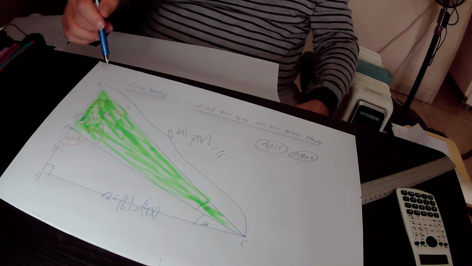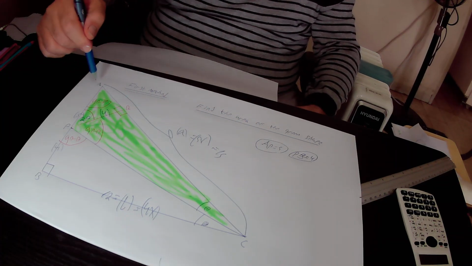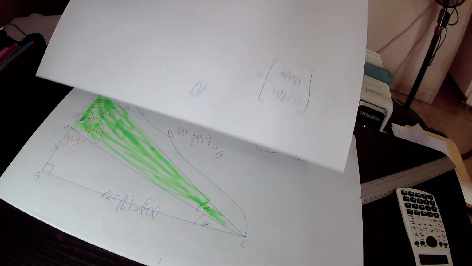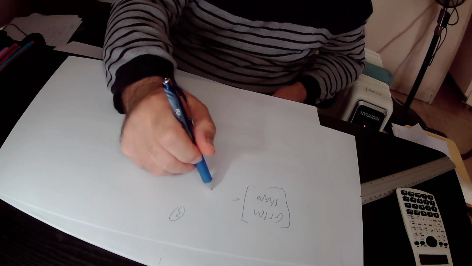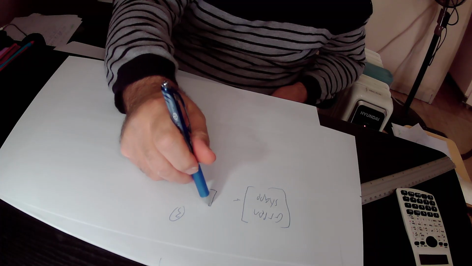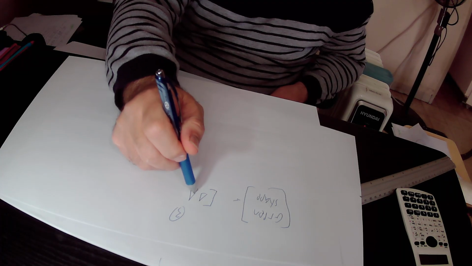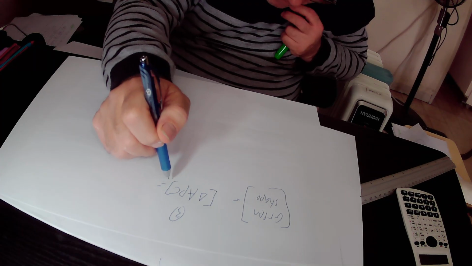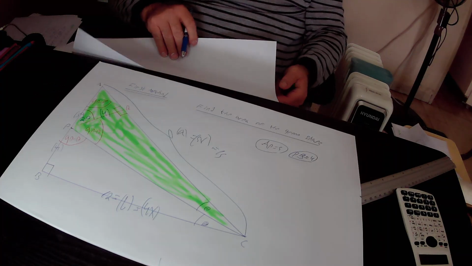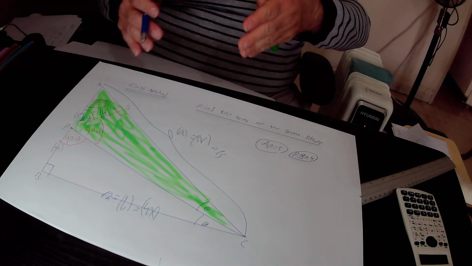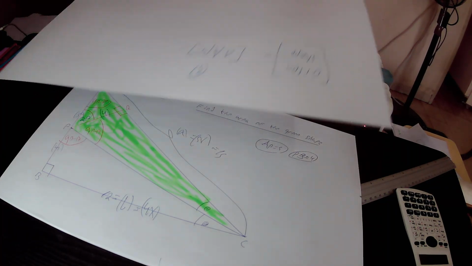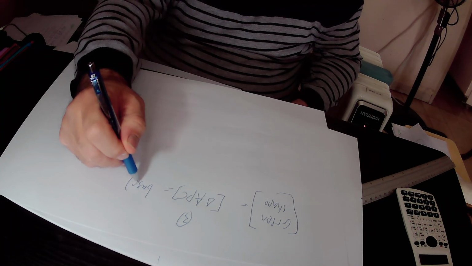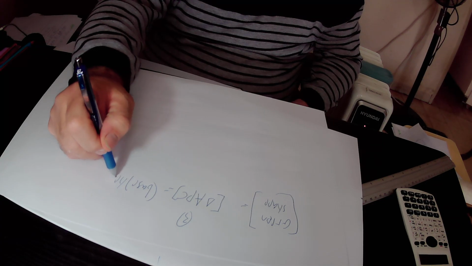The green shape is actually triangle APC. So we have to find out the area of triangle APC. The area of the green triangle equals the base of the triangle times the height over 2.